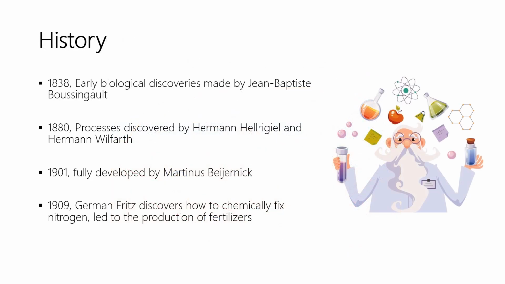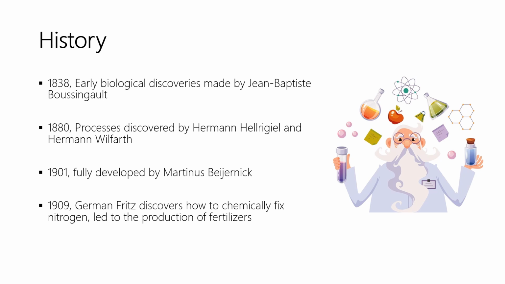So a quick history of the biological discoveries that were made. In 1838, discoveries were made by Jean-Baptiste Boussingault, and in 1880, processes were discovered by Hermann Hellriegel and Hermann Wilfarth. Then in 1901, they were fully developed by Martinus Beijerinck.